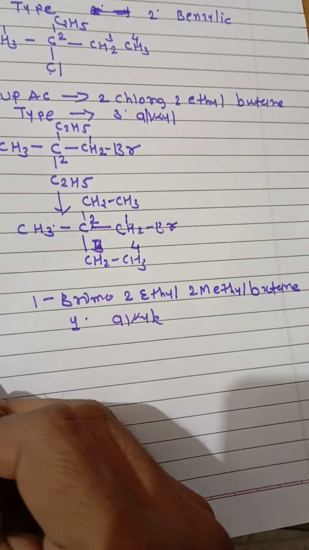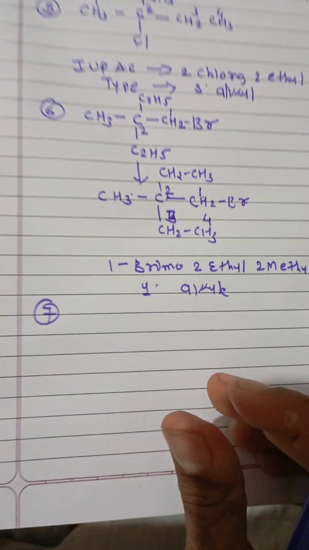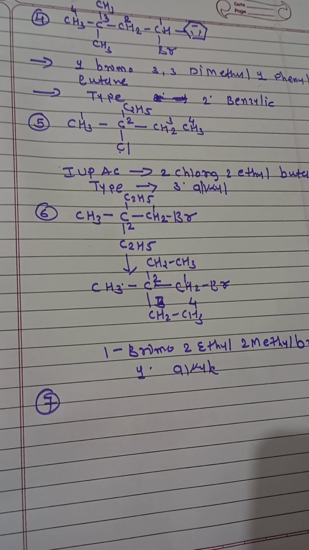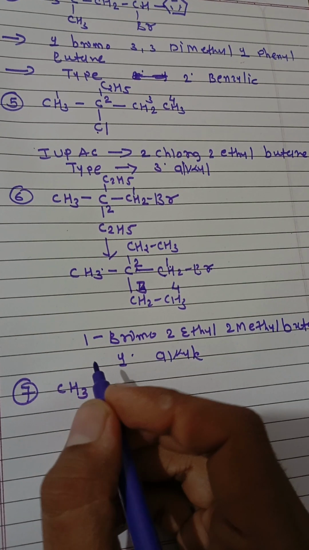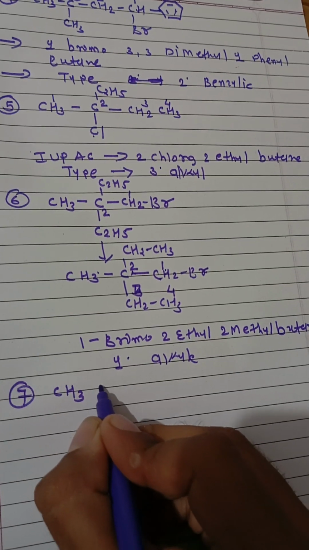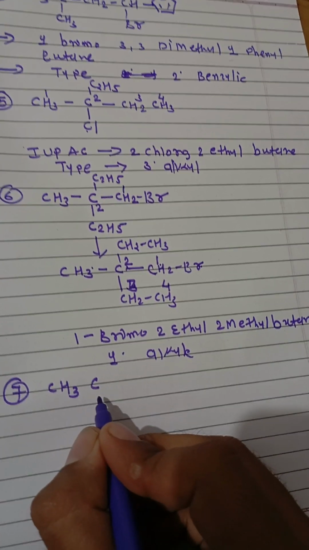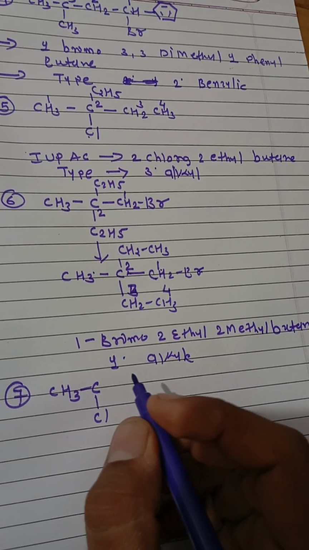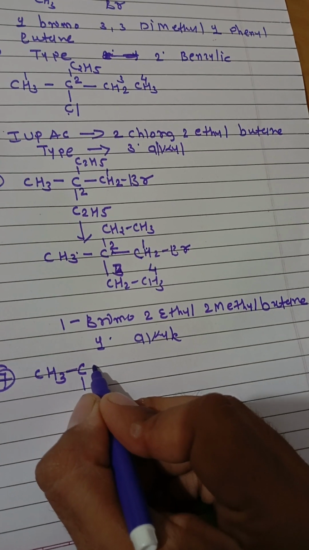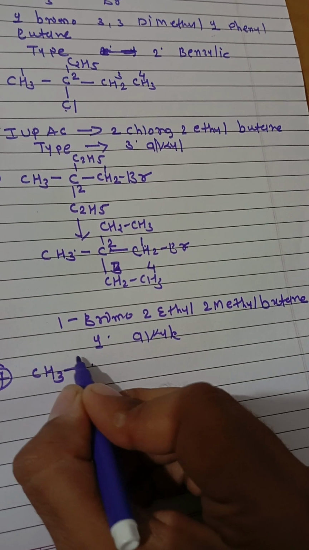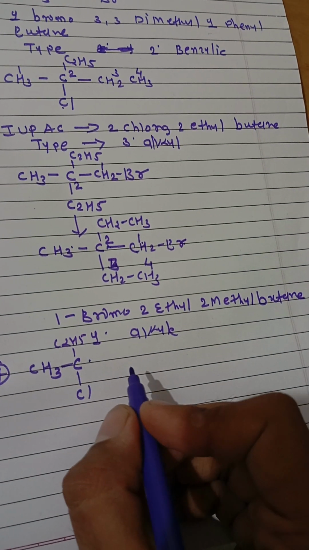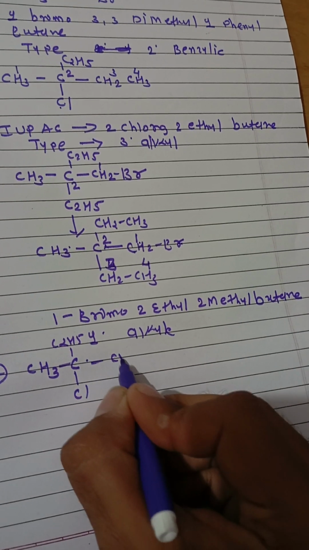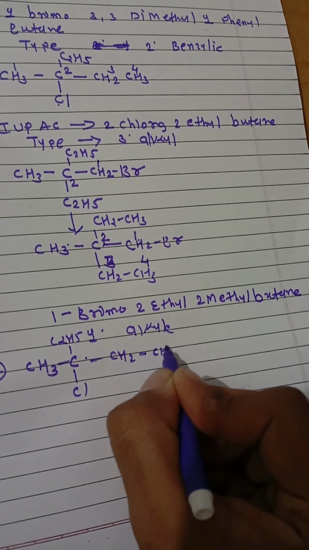Okay, then the seventh example is given to us. We consider the seventh example. In the seventh example, the structure is like this: CH3, here C, which has Cl, it also has C2H5 and CH2, CH3.